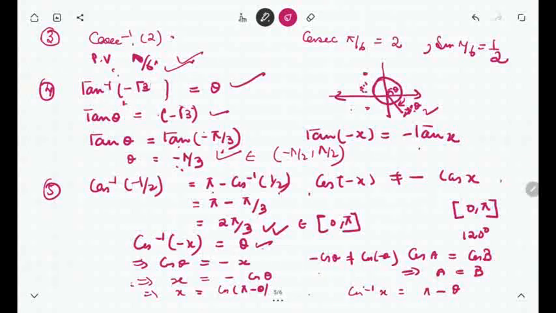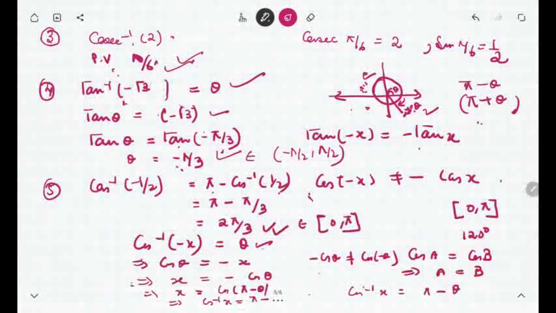It could be second quadrant, pi minus theta, or third quadrant, pi plus theta, but we cannot take pi plus theta because we have restricted the cos function to 0 to pi. Then pi to 2 pi is not the principal value branch, which is 0 to pi. That's why we write it like this, and this implies cos inverse x is pi minus theta.